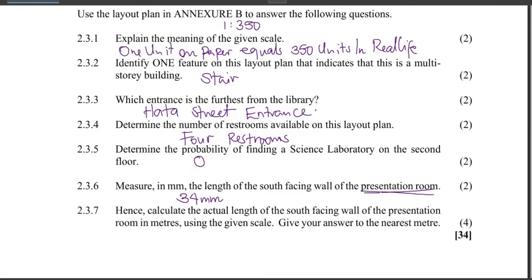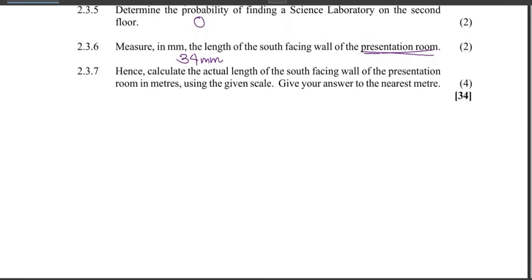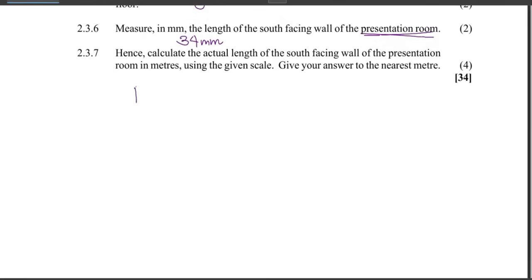Hence, calculate the actual length of the southern wall of the prison. So now they want you to get the actual length. But remember, the scale says if you only have 1 unit on paper, you have 350. So now on paper you found out you have 34. What will it be? Cross multiply, it becomes 34 times 350.